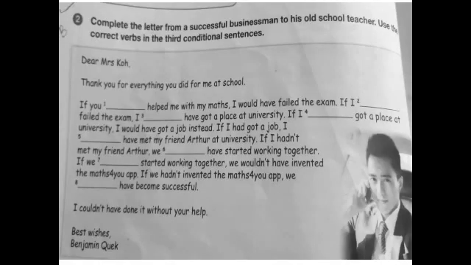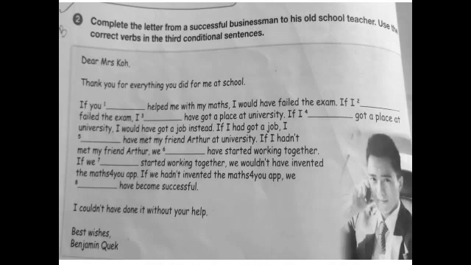Now come to the next exercise: complete the letter from the successful businessman to his old school teacher. Use the correct verb in the third conditional sentences. I'm going to read this letter, and side by side we will fill in the blanks. Dear Mrs. Cope, thank you for everything you did for me at school.